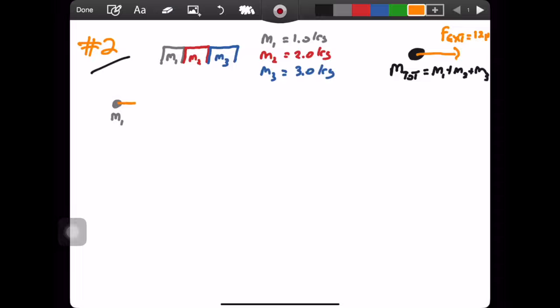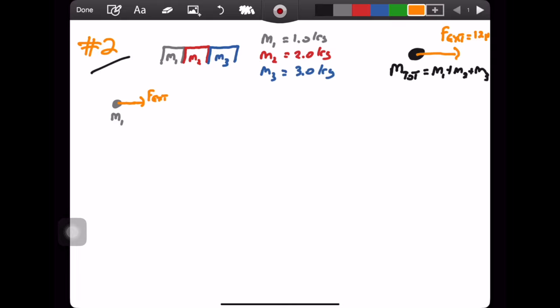That's the mass on the far left, where if you can imagine like a hand pushing on these blocks, it's mass 1 that the hand touches. And so I'm going to mark this as F external. And when I say external, I mean external to the system of the 3 blocks. It's not blocks exerting forces on each other, but some other force acting on the blocks, and it happens to be acting on the block on the far left, the M1, which is 1 kilogram.